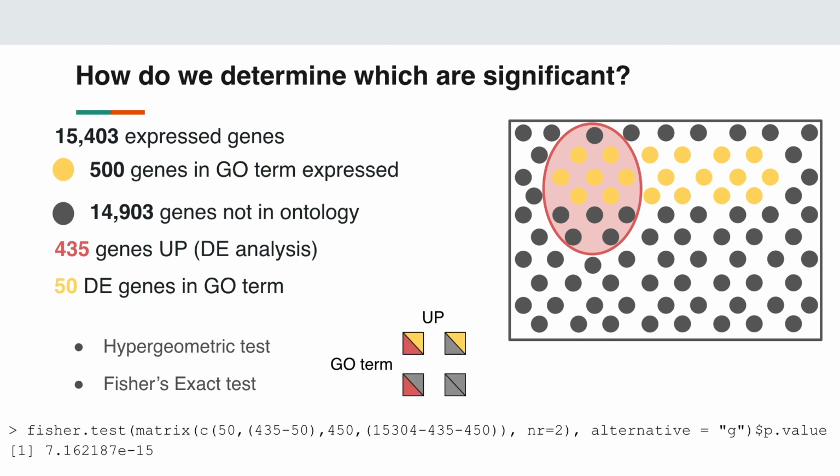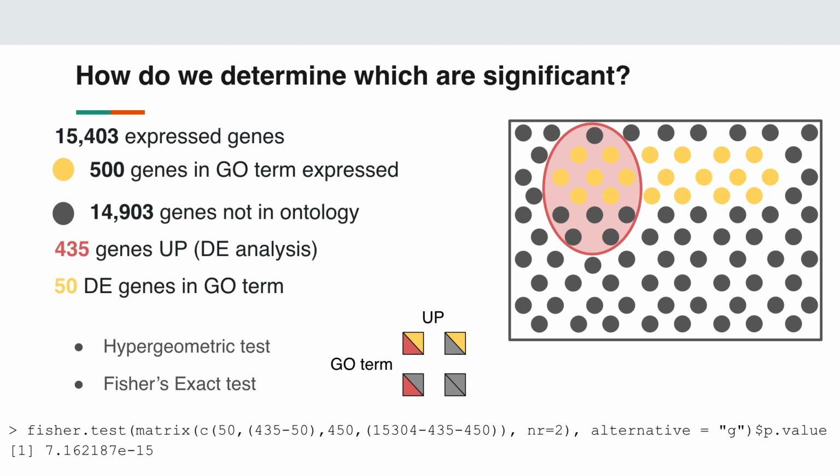And for the Fisher exact test, in this case, it's exactly the same as the hypergeometric, and it'll give you the same p-value. But in the case of Fisher exact test, you need to compute a contingency matrix, which can be a little confusing to write up correctly. But essentially the matrix is 2 rows and 2 columns, which will tell you exactly these numbers.